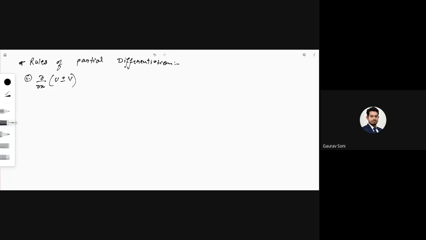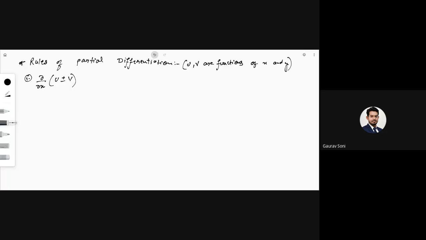Logically, from our previous knowledge, the partial derivative separates over addition and subtraction. In this case, I will consider u comma v to be functions of x and y.